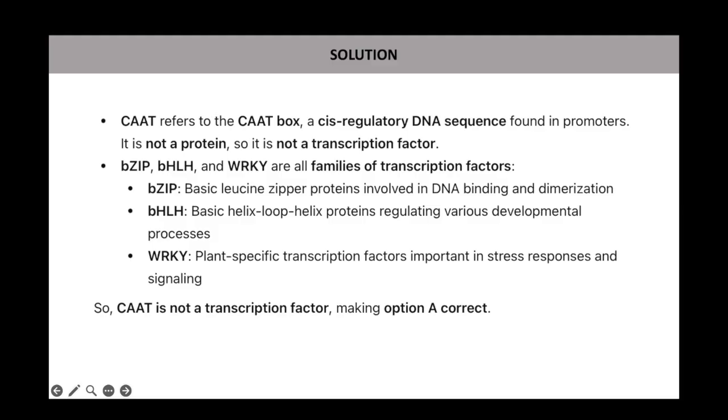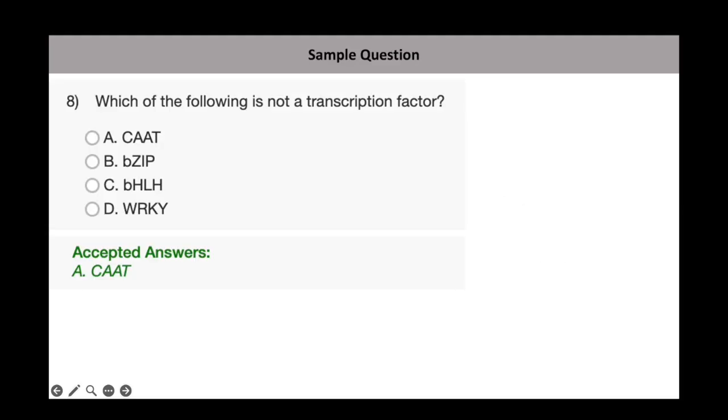It is not a protein, so it is not a transcription factor. On the other hand, bZIP, bHLH, and WRKY are all families of transcription factors, which bind DNA and regulate genes through their promoters. So the correct option for this question is CAAT, that it is not a transcription factor. The rest all three are.